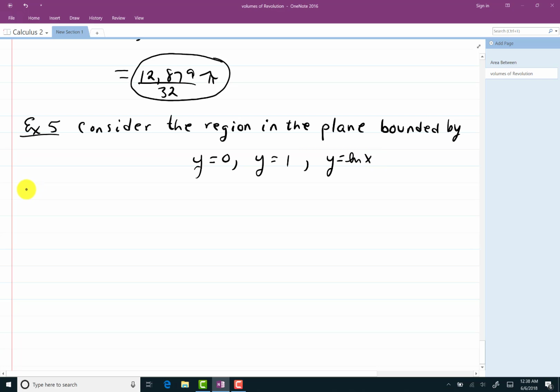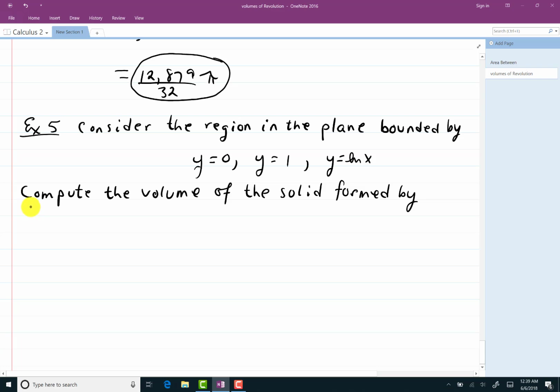Compute the volume of the solid formed by revolving the region about the line x equals -1.